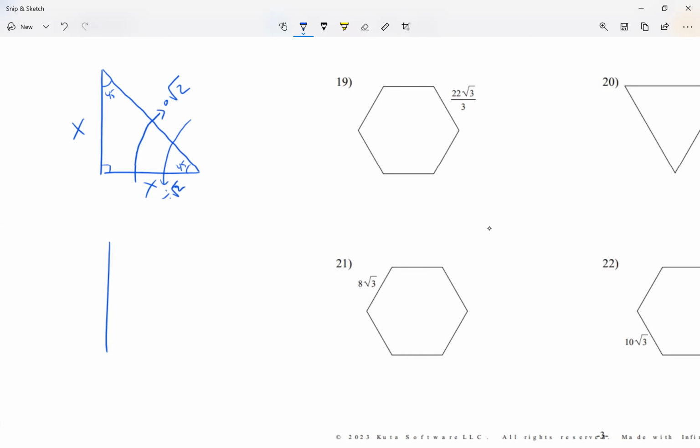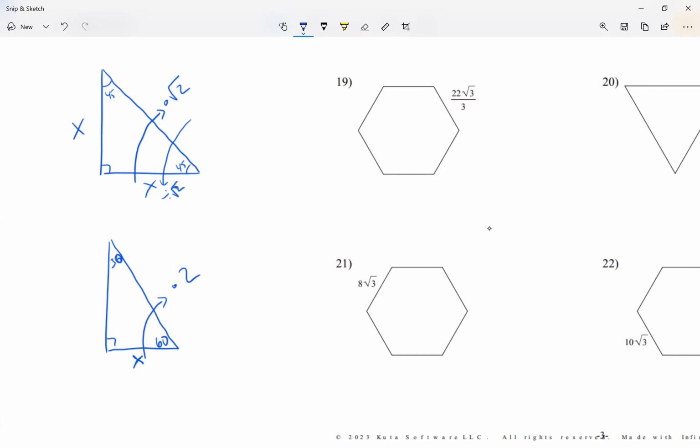Another triangle that we saw was the 30, 60, 90. So this is 30 degrees, this is 60 degrees, and this is 90. Let me call the small side X. For me to go from the small side to the hypotenuse, I multiply by 2. Not radical 2, in this case it is 2.